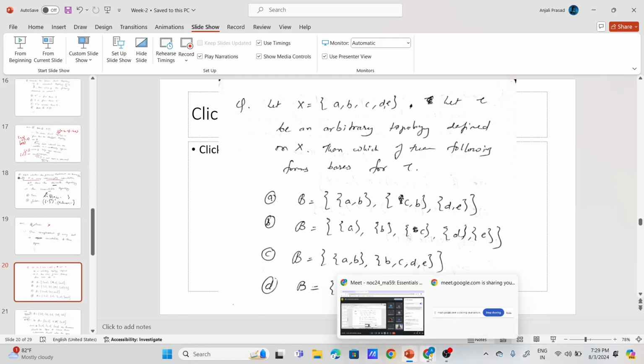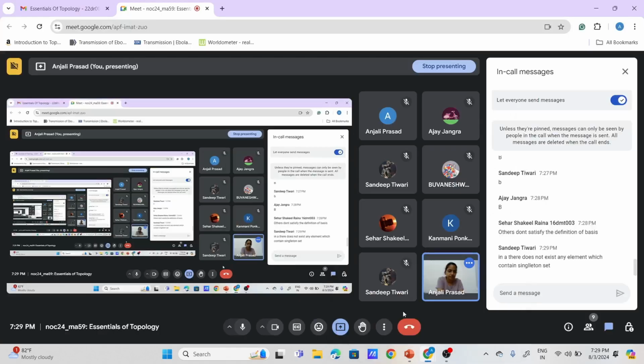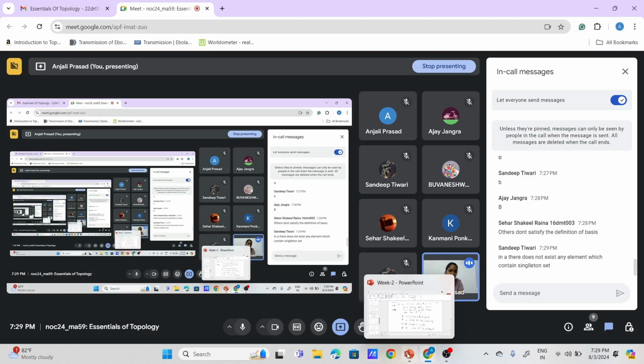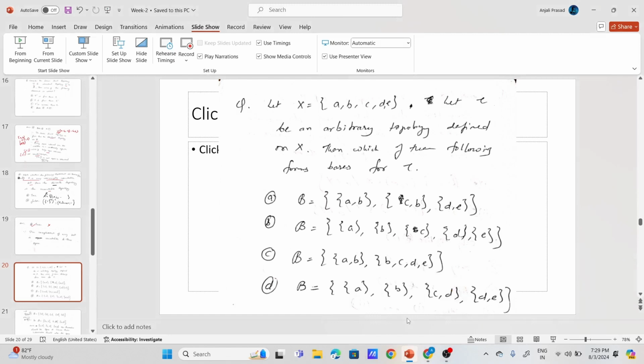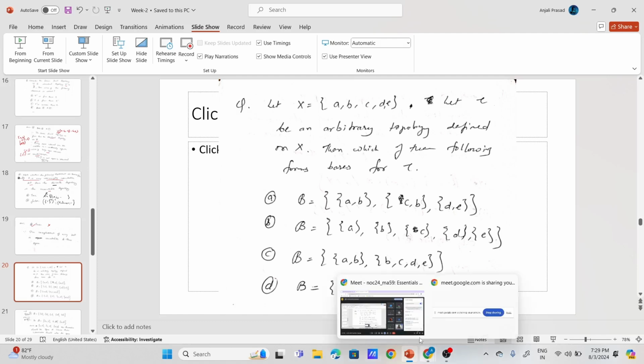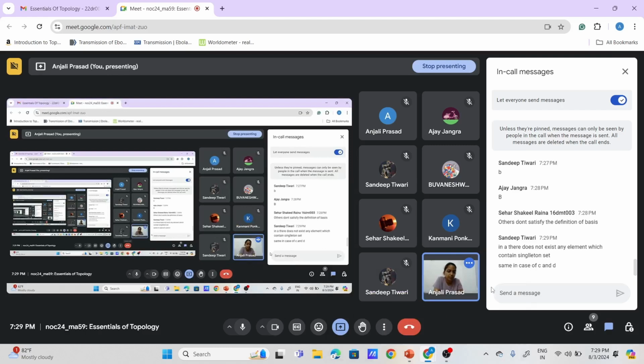There does not exist any element which contains the singleton set. That is not a problem, na? Whether there is a singleton set or not. You also have to tell me why the other options are discarded. Not only why B is the answer, but why the other options are discarded.